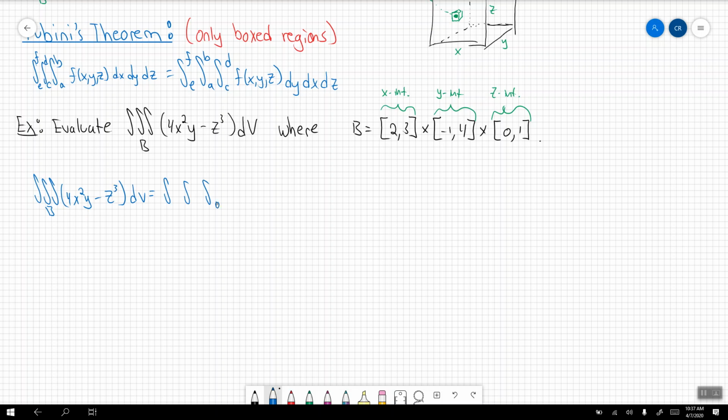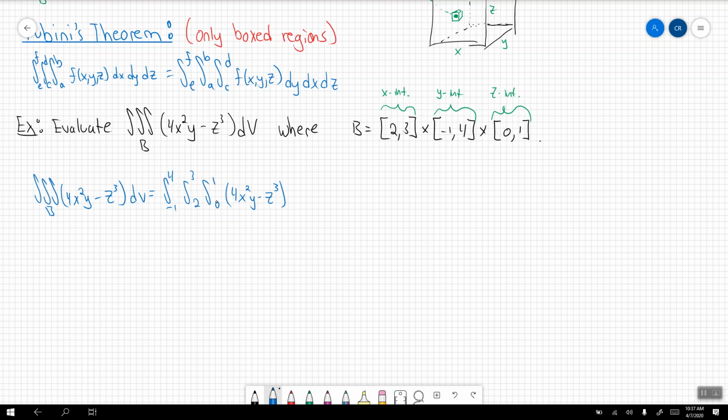Let's say I want to do z's first. I want to go from 0 to 1, and then I want to do x's, then I'll go 2 to 3, and then I'll do y's at the very end, negative 1 to 4. Again, these are in no particular order. I'm just using Fubini's theorem to illustrate that we will be able to set this up however we please without any fear that we did it wrong.